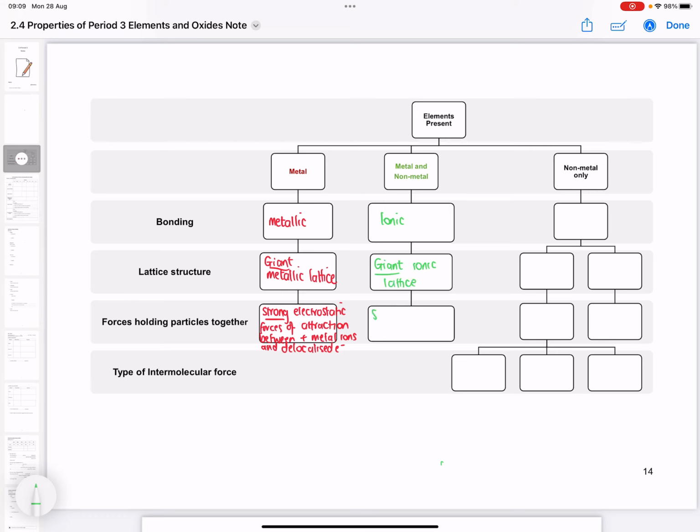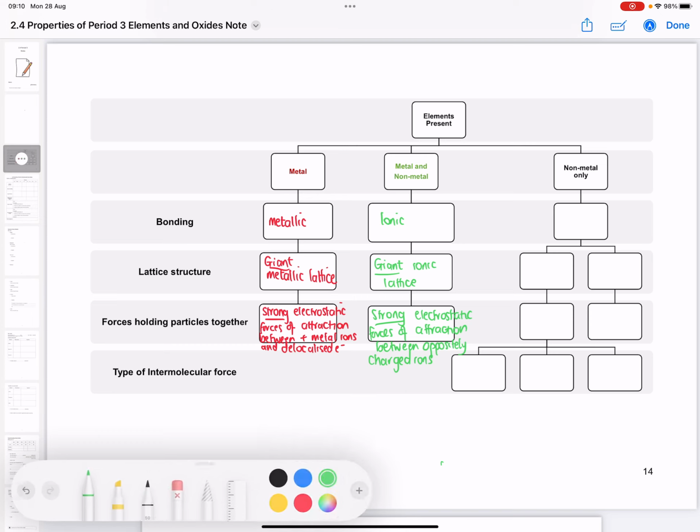And so we'd say our forces are strong electrostatic forces, and again we must say of attraction between oppositely charged ions, and always remember to, in an exam question, say what those are. So sodium ions and chloride ions. Do be careful though, make sure you call the ions by their appropriate names.